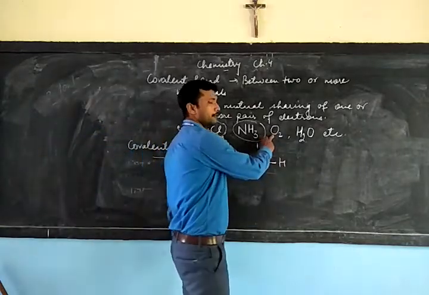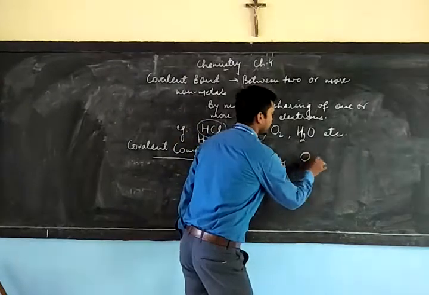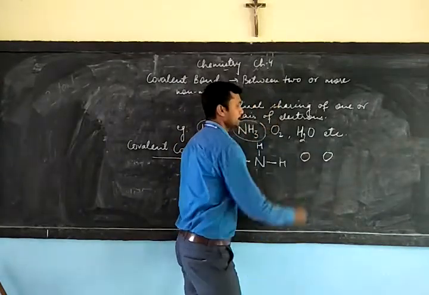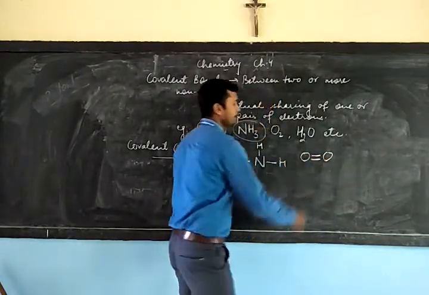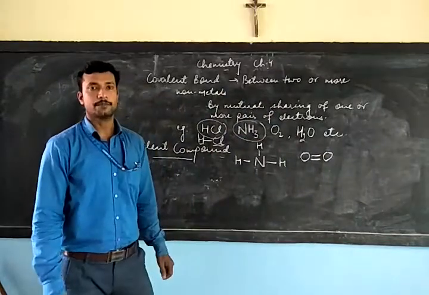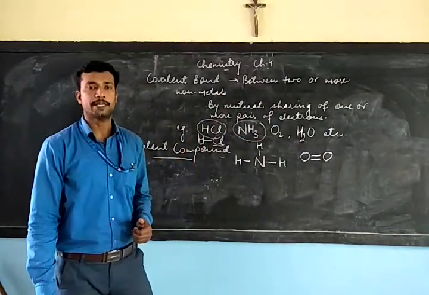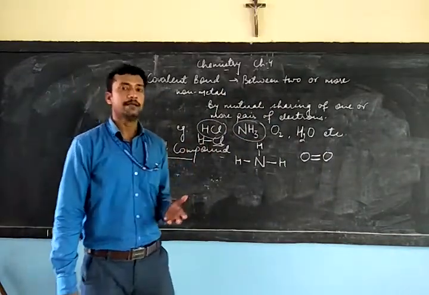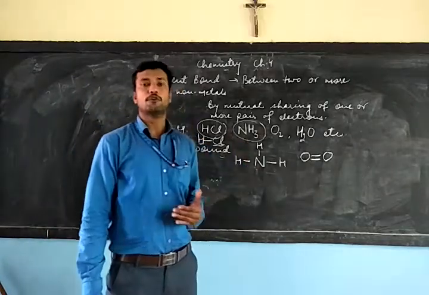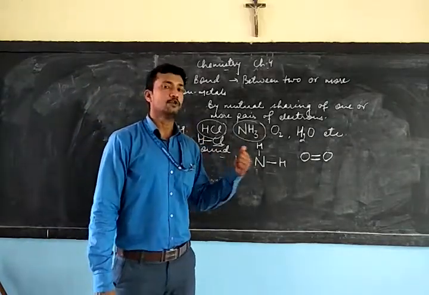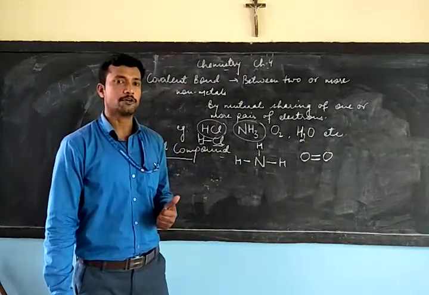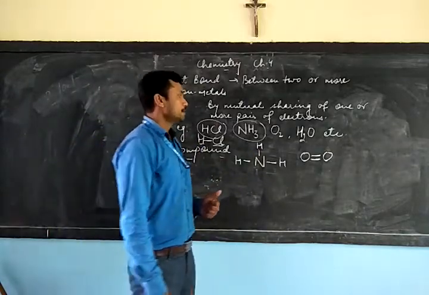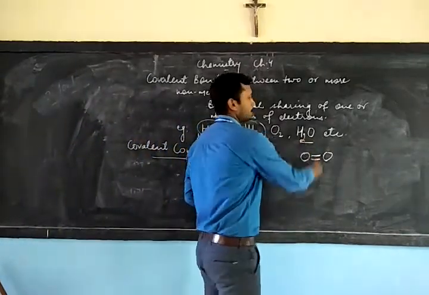Coming to oxygen, there are two oxygen atoms, and it is found that there will be two covalent bonds here, and that we can see when we discuss electron dot structure, how these two bonds have come in the oxygen molecule. Next we have water.